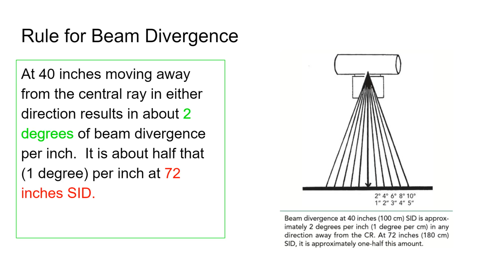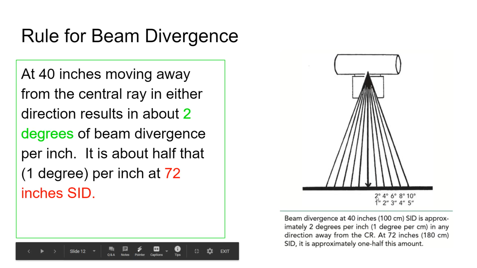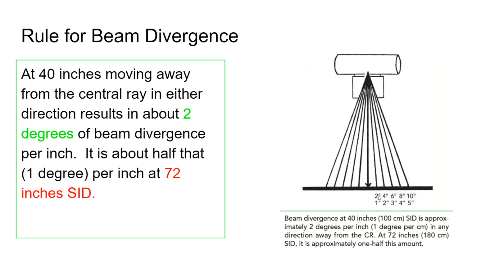So your alignment is off, and based on the divergence of the beam, it's going to be even more off if you're at 40 inches than if you are at 72. If you are at 40 inches, every inch that you are off in alignment is about 2 degrees, as if you had angled the tube without angling it.